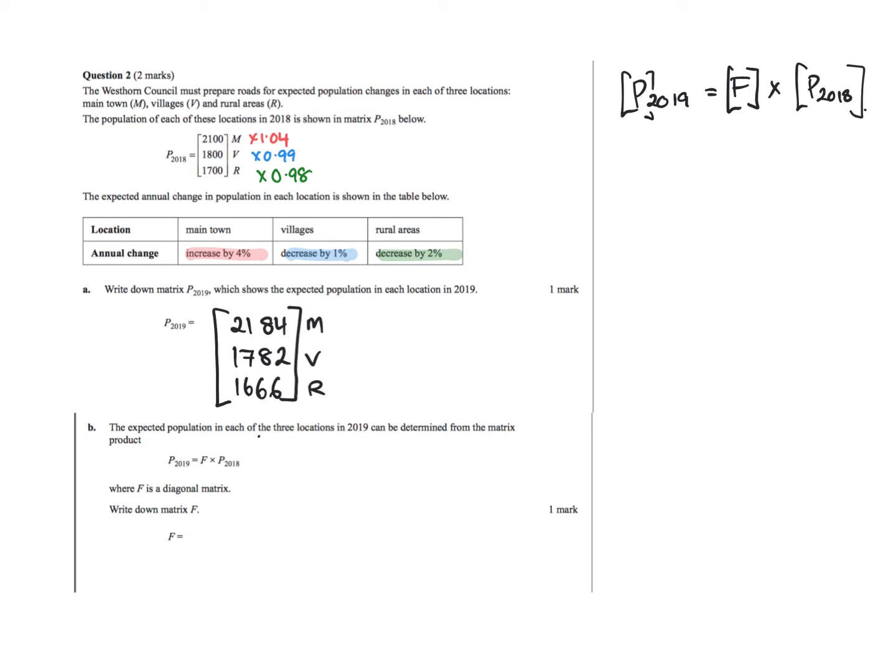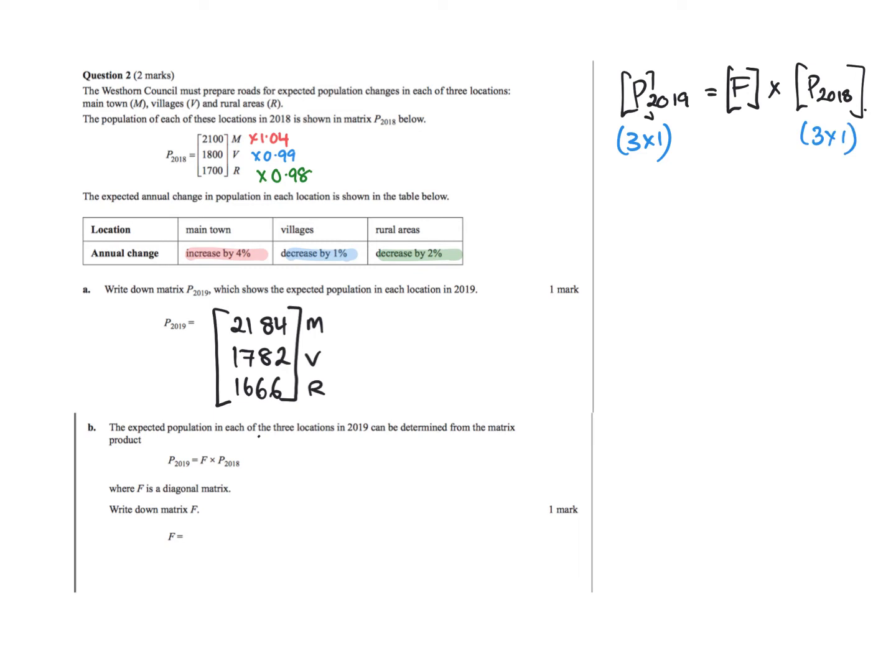If we just think about their orders, we've already written what 2019 should be, and if you look at its order, it is a 3 by 1, isn't it? And we know 2018 is also a 3 by 1.